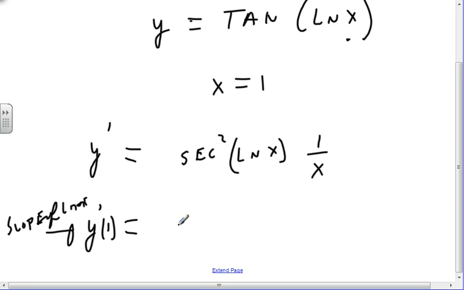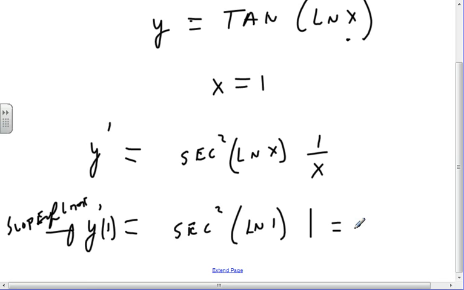All right, so that's going to be the secant squared of the natural log of 1, times 1. What's the natural log of 1? I think it's e, right? Yeah. 1 natural log, no, it's 0.